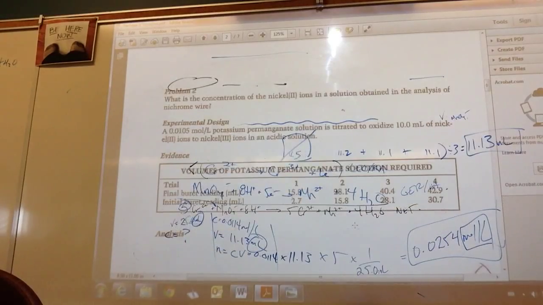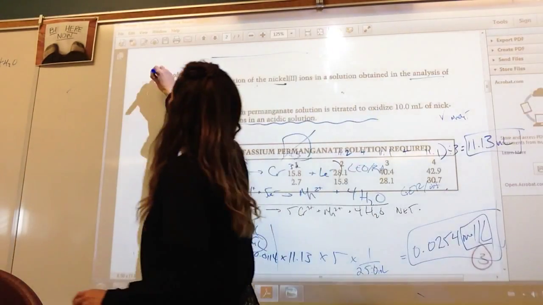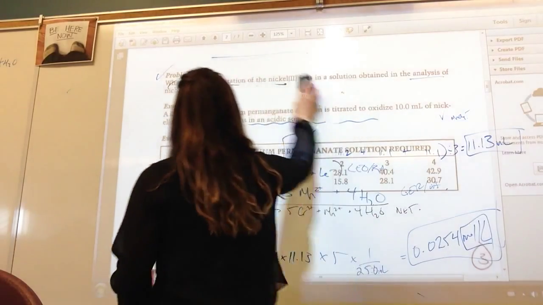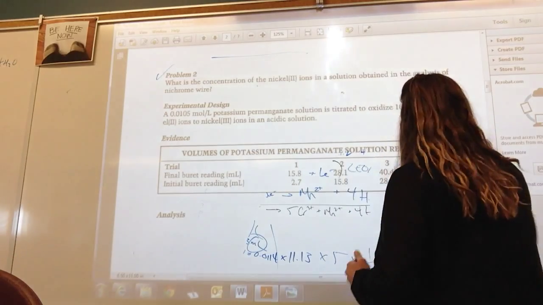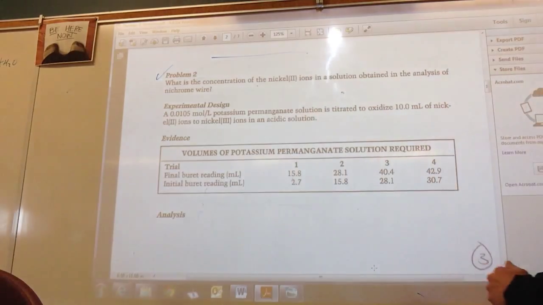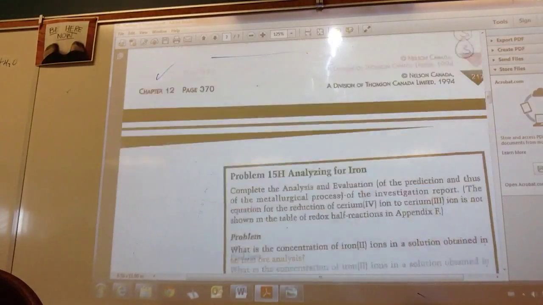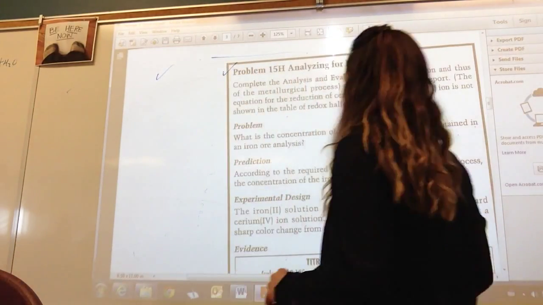I'd like you to do this problem 2, please. And after that, flip the page and do this one, 15H.